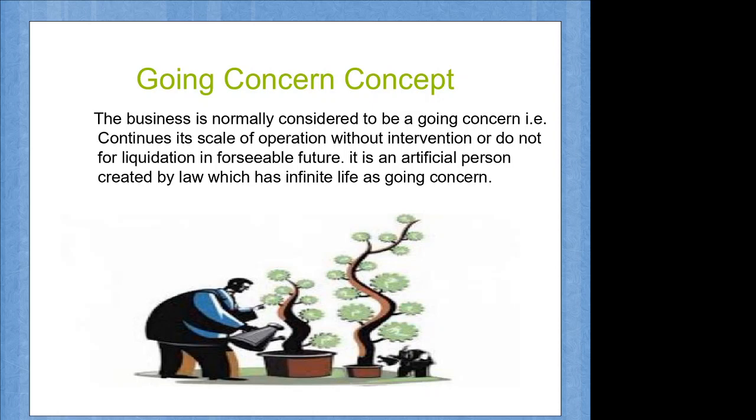What does this mean? This means that the scale of operation of the business continues without any intervention. That means there is no foreseeable liquidation. As we know, in terms of law, a company is an artificial person created by law which has infinite life. So its business keeps on going. There is no liquidation or closure or winding up as such.